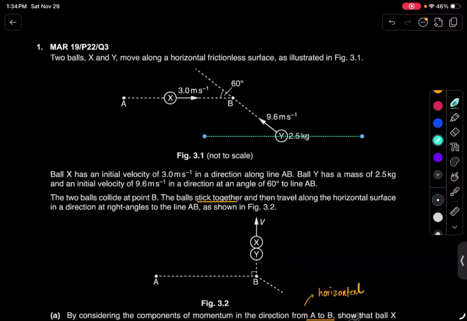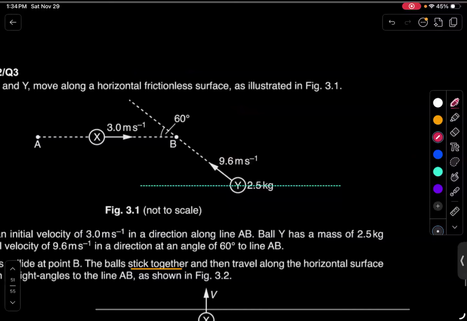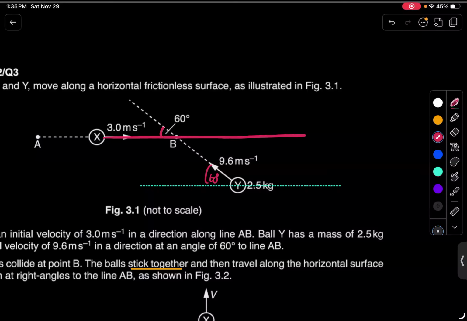If this angle is 60 degrees, this is from IGCSE, then this angle is going to be 60 degrees as well. I think we call them parallel angles. If you have this line and this line, and you take a line passing through them, then this angle and this angle are equal.